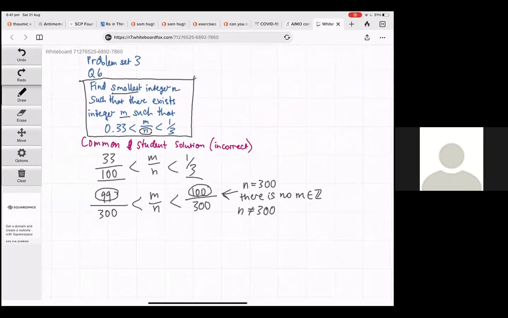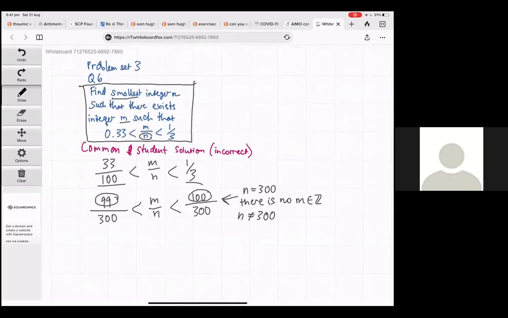And the next thing that people did was actually go all the way to 600. So I guess I'm not exactly sure how that happens, but a lot of students thought, okay, let's just try and increase the denominator by a factor of 2, because surely then the gap between these numerators will become big enough that I can squeeze an integer m inside those numbers.